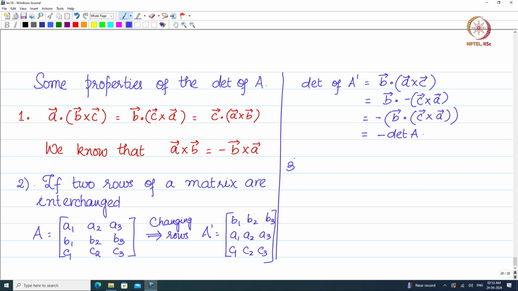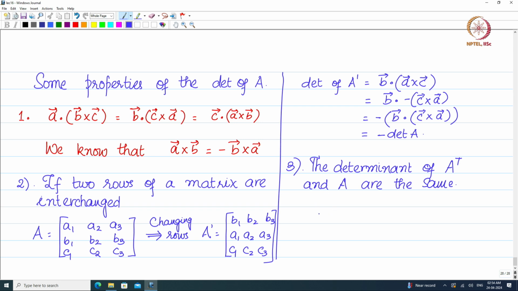The third one. The determinant of the matrix A transpose and A are the same. So, what are we going to do?